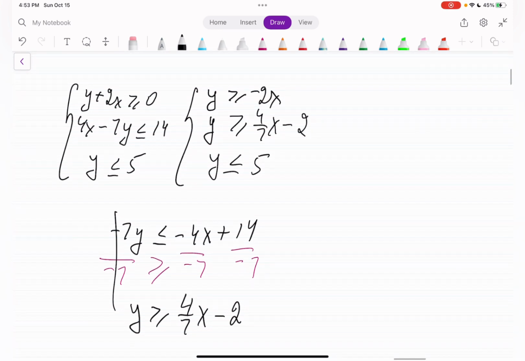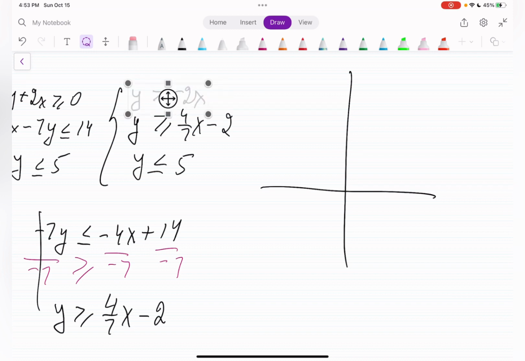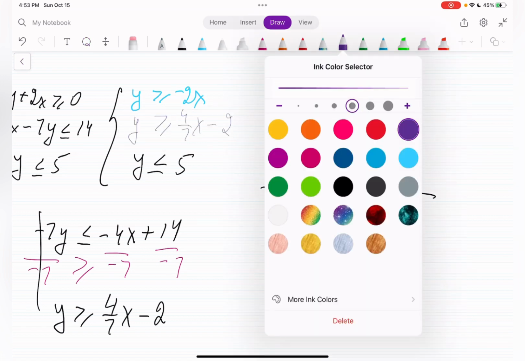So let's graph it. Let me color each one of them so you will know. This is going to be the blue one. Then the second one is going to be, let's say, purple.